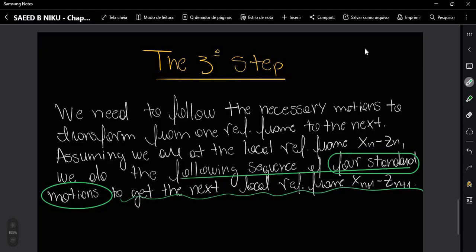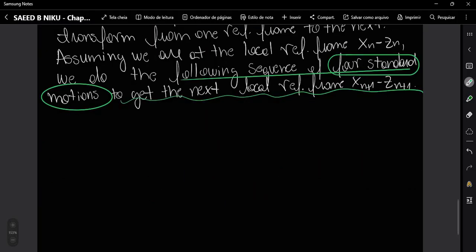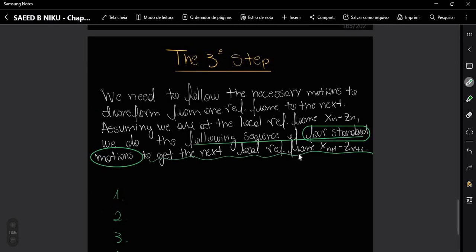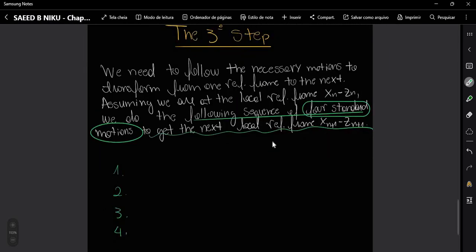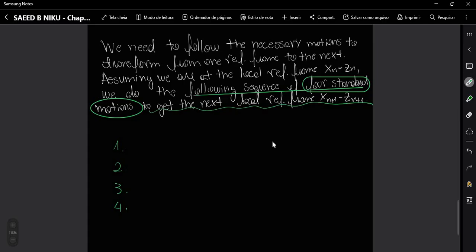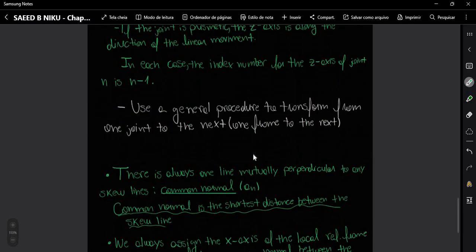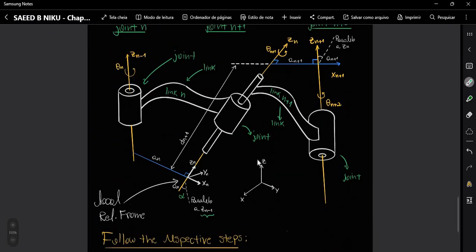Okay, so in the next video we will see these four standard motions of this third step, and this way we will solve this problem right here using DH representation.